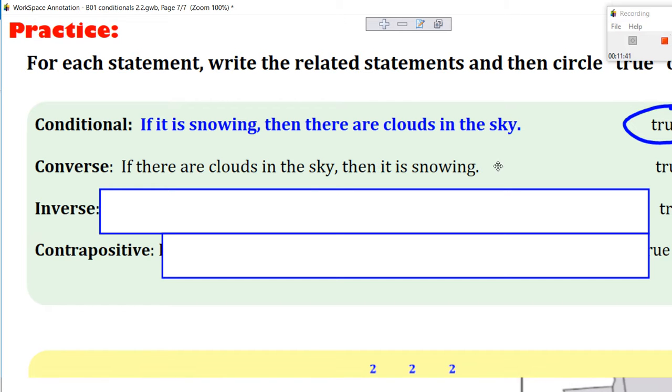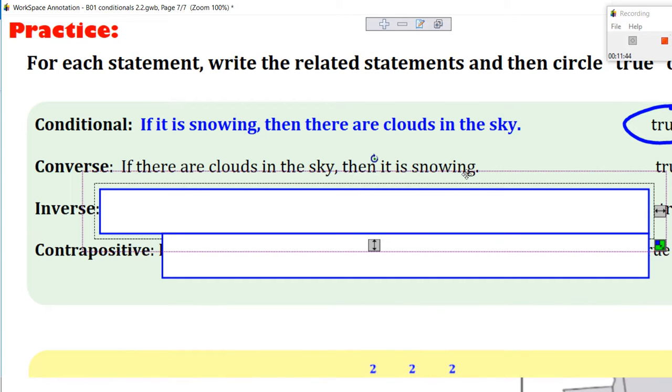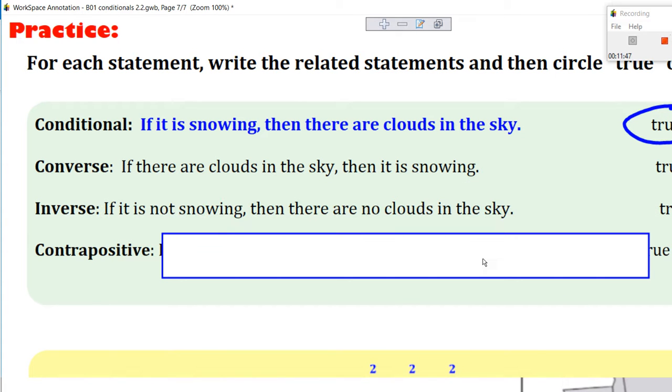Our inverse: if it is not snowing, then there are no clouds in the sky. And again, that's that same situation where there might be clouds in the sky and nothing might be happening, or there might be clouds in the sky and it might be raining. So this one is also false.